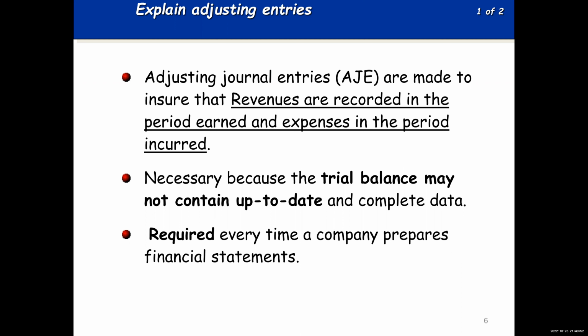They're necessary because the trial balance may not contain up-to-date and complete data. So if your trial balance is not complete and has the up-to-date balances, that means your financial statements won't be correct. So adjusting journal entries are required every time a company prepares financial statements.